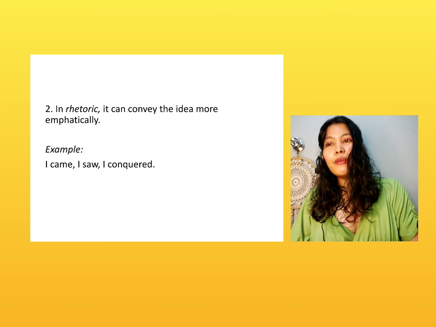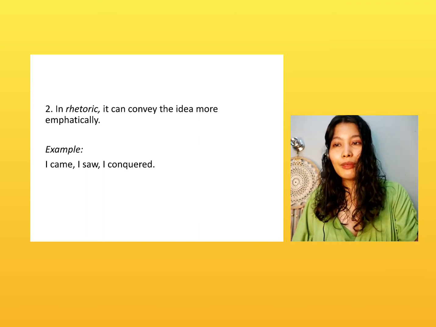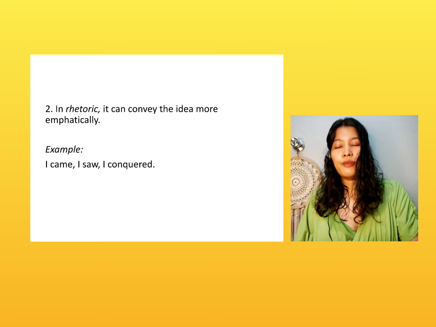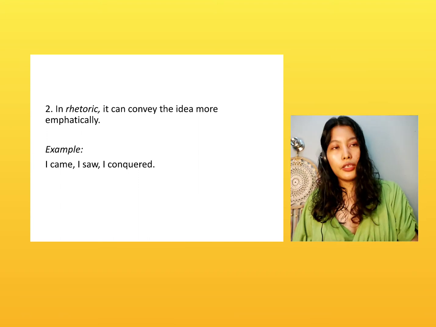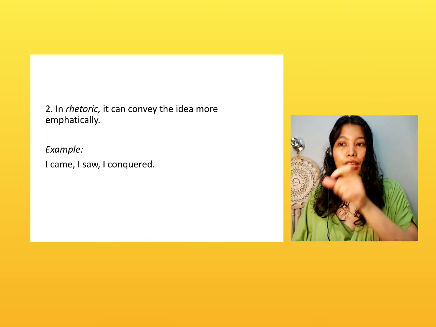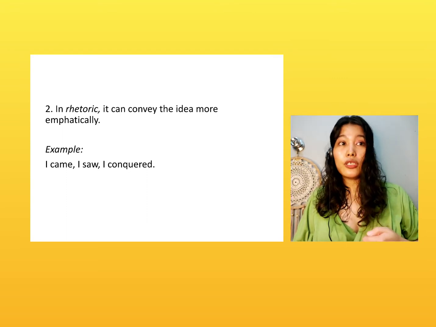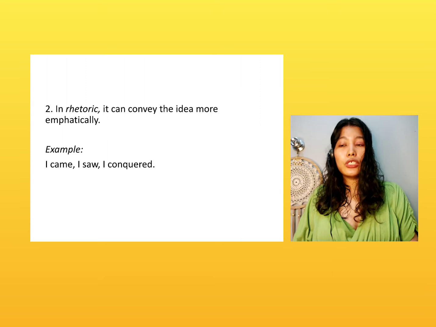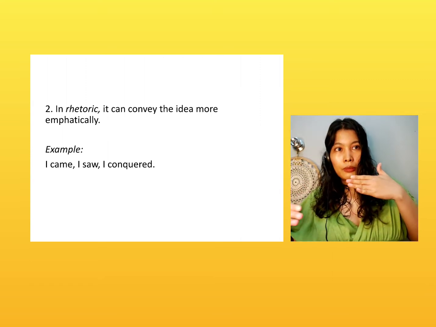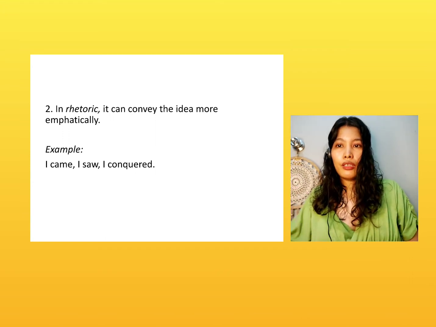Similarly, you can also use it in rhetoric because it can convey the idea more emphatically. For example, I came, I saw, I conquered. So these are comma splices because I came, I saw, and I conquered are all three separate independent clauses already. You can actually use a period there, but perhaps the meaning will be different.